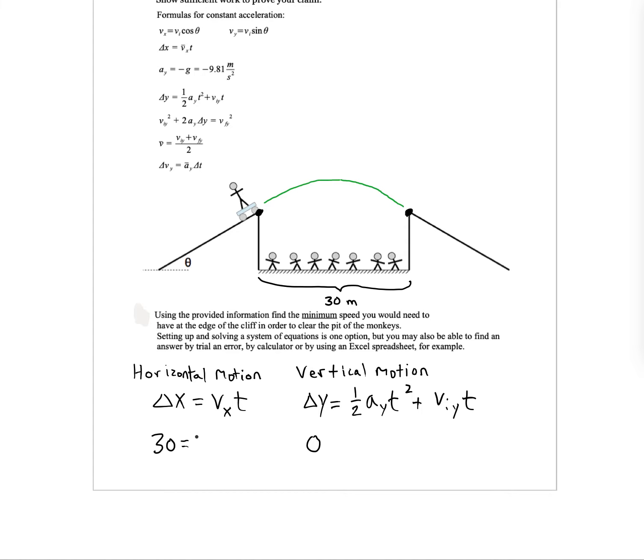Alright, so instead of Vx though, I'm going to write Vi cosine of the angle of the ramp. For ay, we'll put negative 9.8.